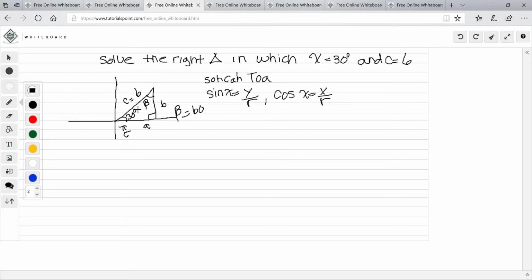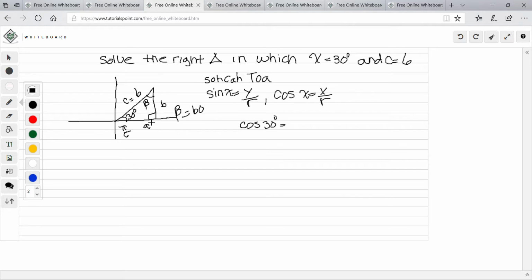So let's do cosine of 30 degrees. Cosine of 30 degrees equals, cosine is adjacent over hypotenuse, or x over radius. We can actually use this rule too.